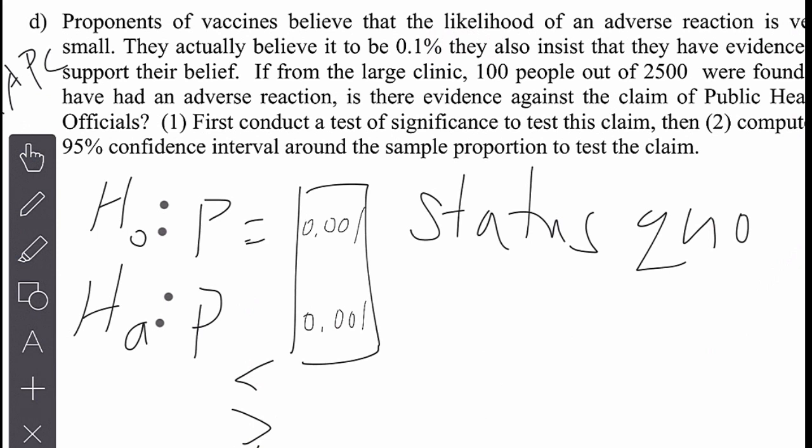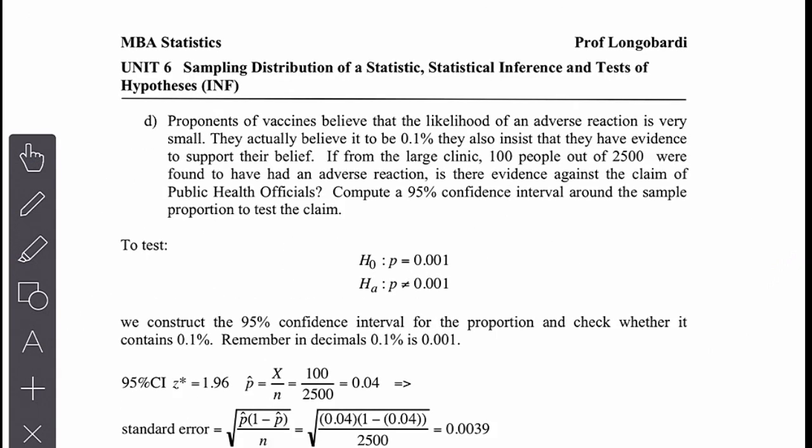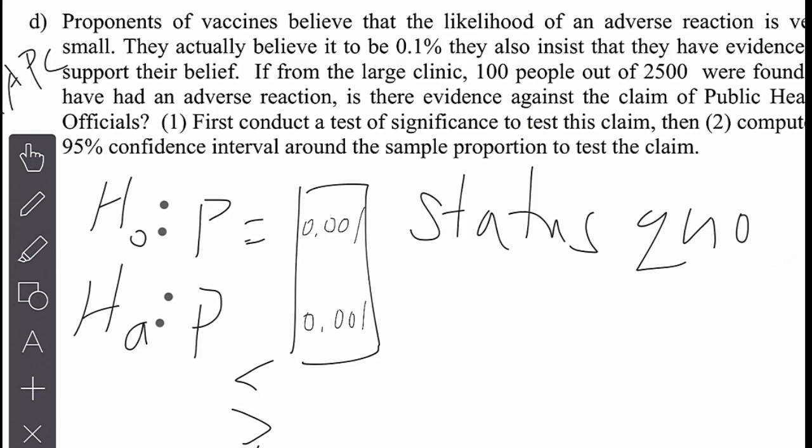I use not equals here. So I wanted this to be an example of not equals, but if you went ahead and said the alternative is to think it's higher, you could put a greater than sign. But what I'm going to do is the test for not equals when it's not exactly clear, so I can show you the other kind of test, okay?